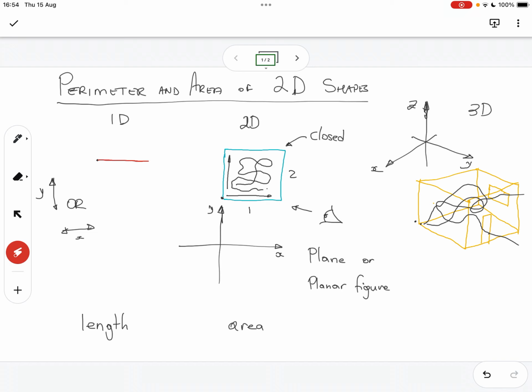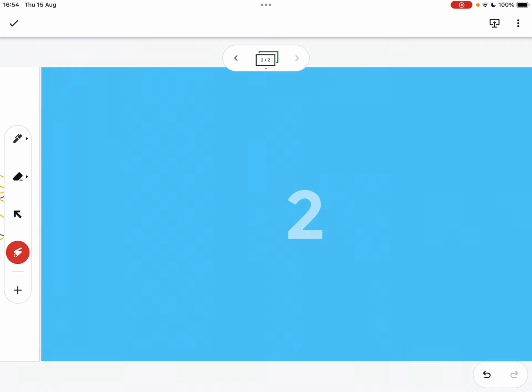Okay, the next paragraph. In grades 7 and 8, you learn that a polygon is a simple closed shape. The perimeter of a polygon is the sum of lengths of the sides.